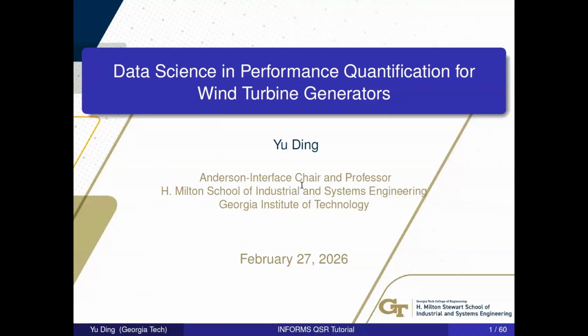Okay, so today the tutorial I plan to do is talk about the data science method used in the performance quantification for wind turbine generators. We did this work for a span of at least 10 years, and our first paper was published roughly 11 years ago, but the work actually started even 3 years prior to that.